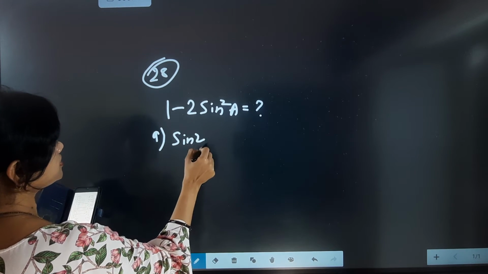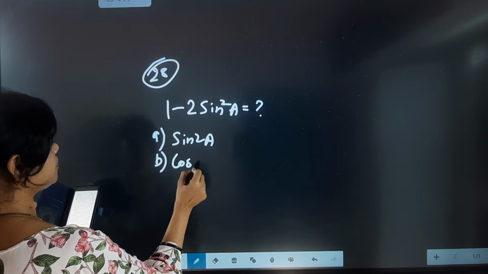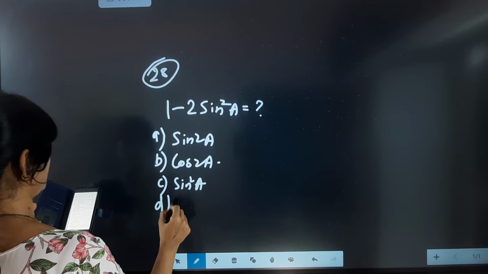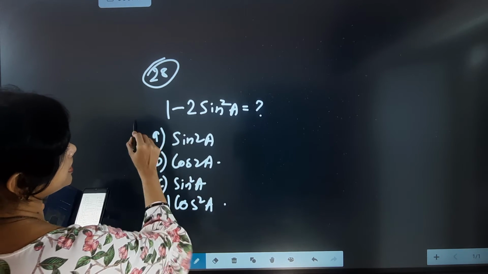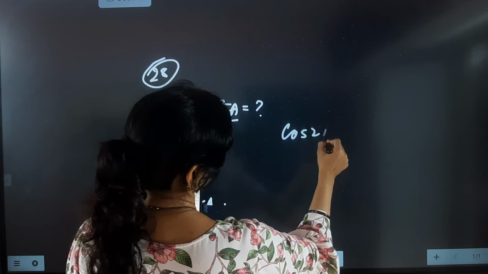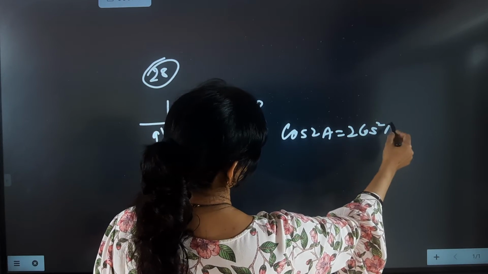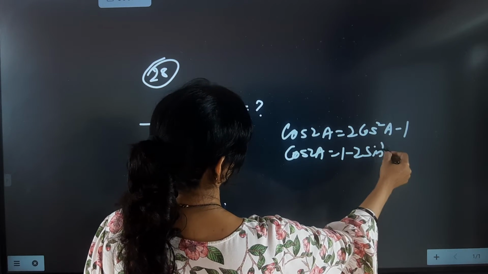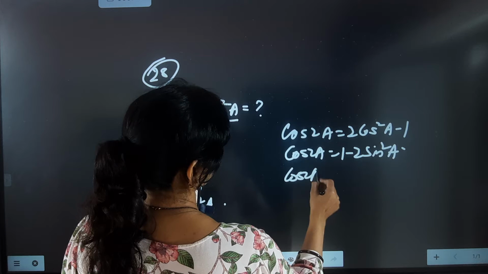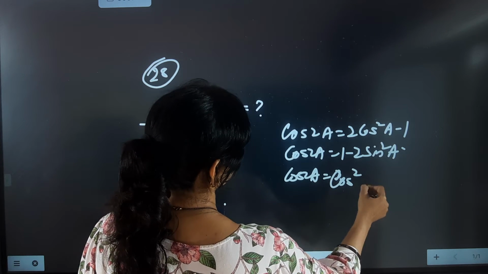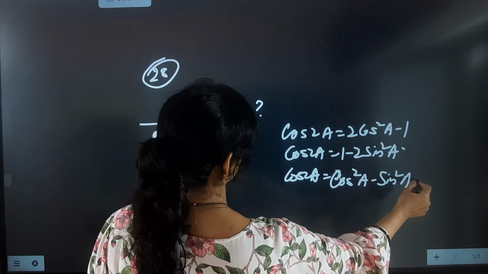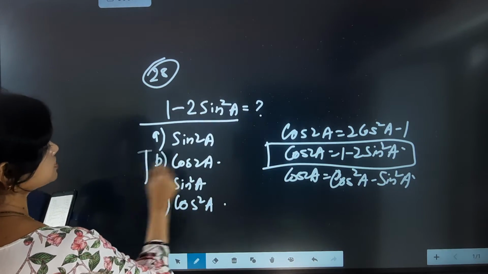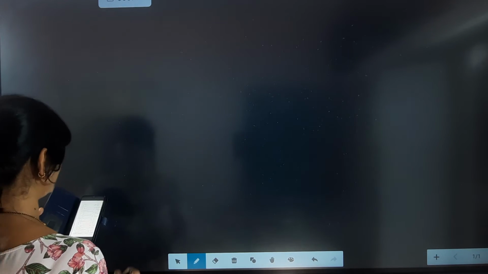Options are sin 2A, cos 2A, sin square A, cos square A. I have already told you every time that cos 2A is 2 cos square A minus 1, or cos 2A is 1 minus 2 sin square A, or cos 2A equals cos square A minus sin square A. So which one is fitting here? Cos 2A is 1 minus 2 sin square A. So 1 minus 2 sin square A is nothing but cos 2A, because it comes under the formula.